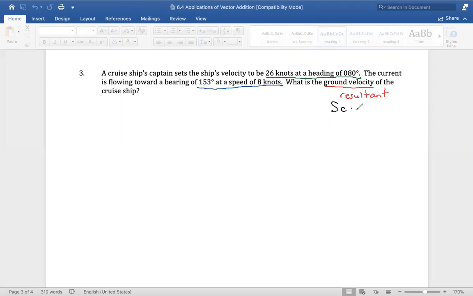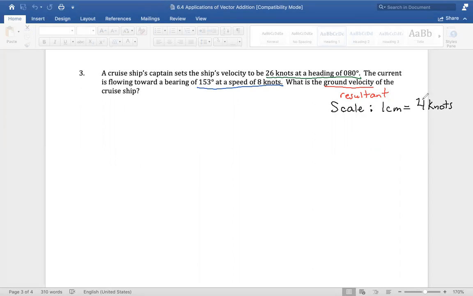So our scale this time, how long would things have to be? 26 knots and 8 knots. So obviously I can't draw 26 centimeters. So I need my scale to be 1 centimeter equaling 6.5. I have in my notes 4 knots, but just like I said, it's not always beneficial to go too much more than 5 centimeters long.